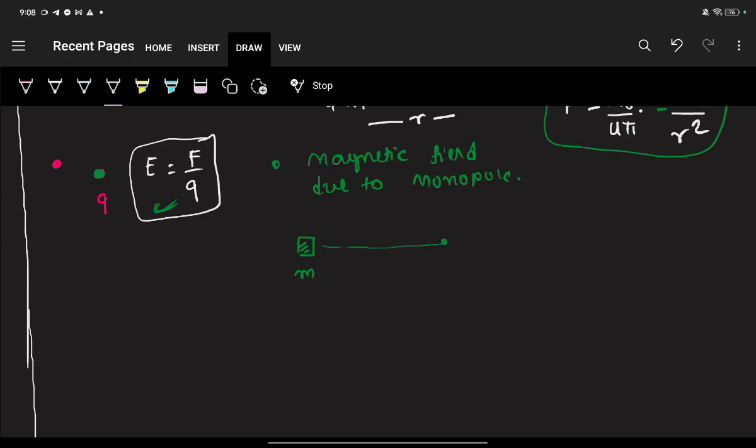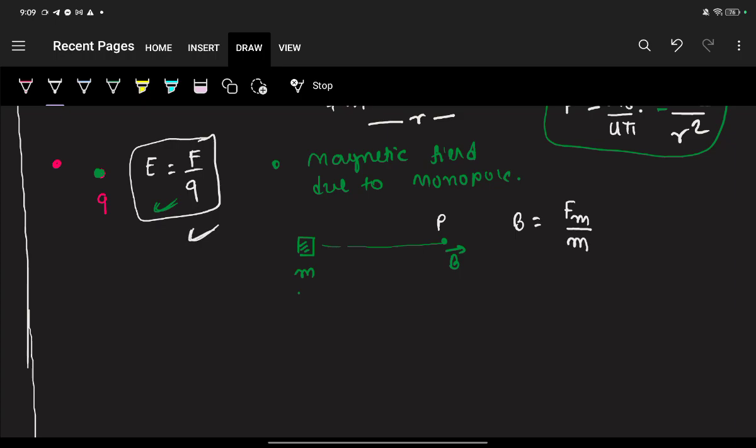So what will be the magnetic field due to this monopole? It will be simply, at point B, magnetic field would be what? Magnetic force multiplied by magnetic charge, similar to this electrostatic field, right?